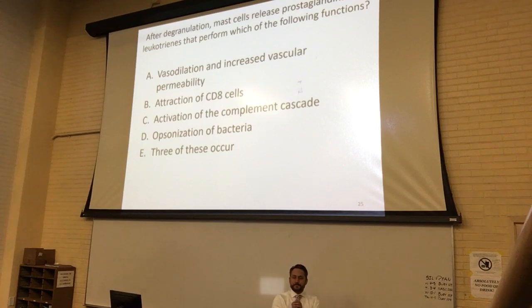There was a slide in that same series that had the kallikrein pathway and the coagulation pathway. You guys remember that? Coagulation was on the right side, and the complement cascade was on the left. Okay? Attraction of CD8 cells.